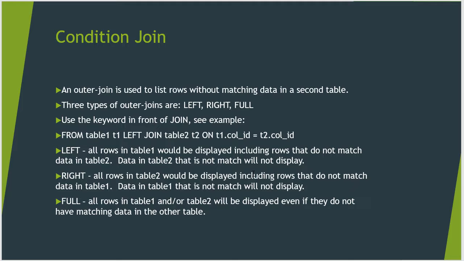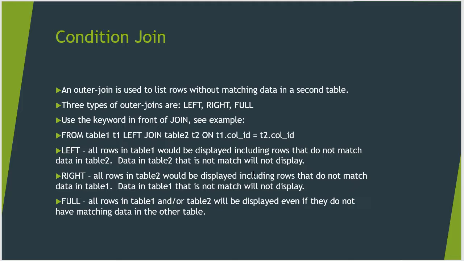It can be reversed using right. If you used right, then it would show all of the information in table 2, whether or not it matched table 1. And it would only show information from table 1 where it had a matching pair in table 2. So in this case, we wanted the important information from table 2 shown, but not necessarily everything from table 1.